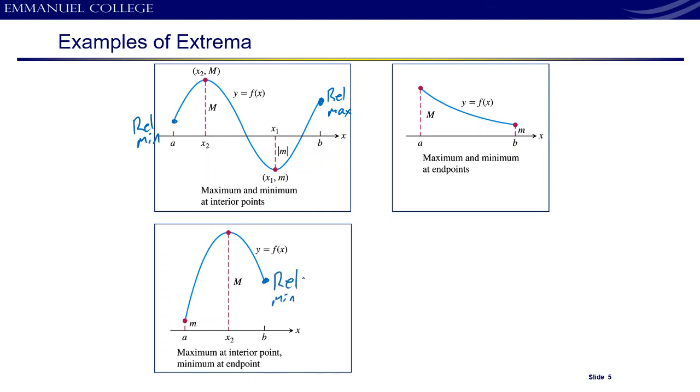is a relative min. And notice the way that I label these. Relative min, notice this is kind of a little obvious for this one, but min, max, minimum, maximum to minimum.